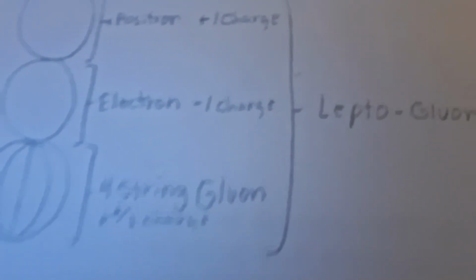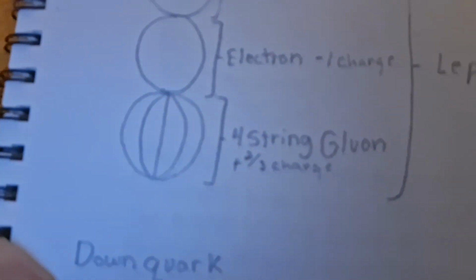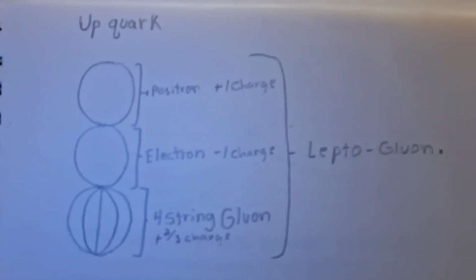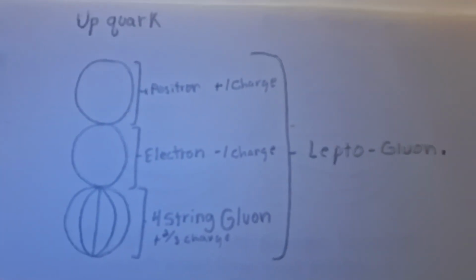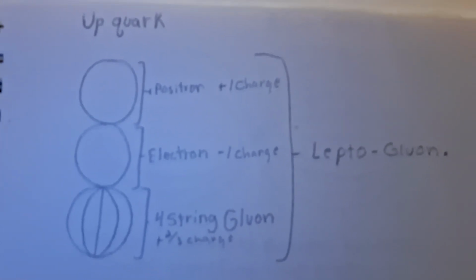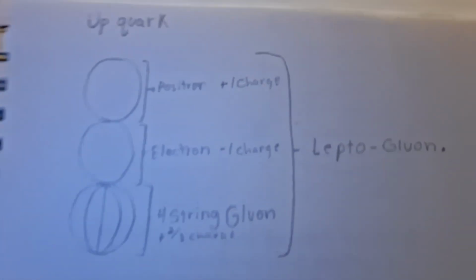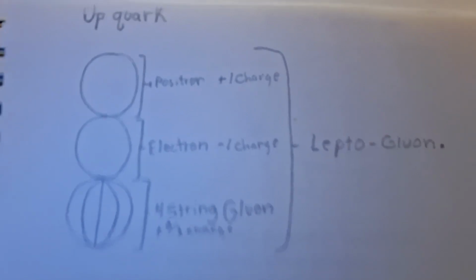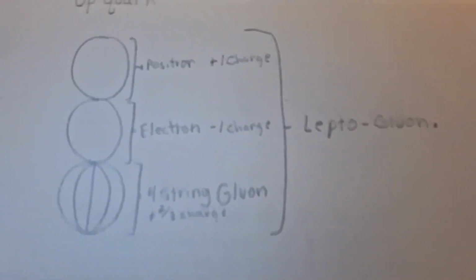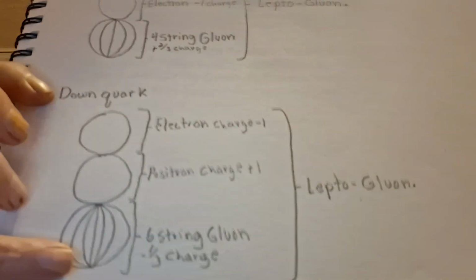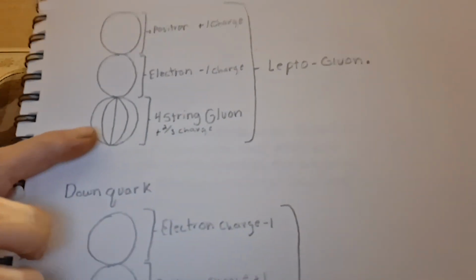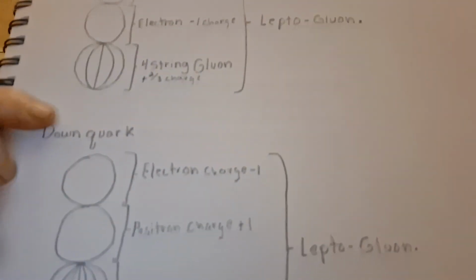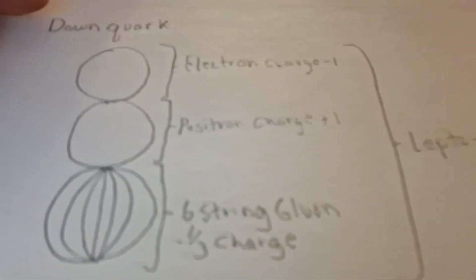It has a 4-string gluon, because it loses two strings when the down quark beta decays and becomes an up quark. And this is the down quark.